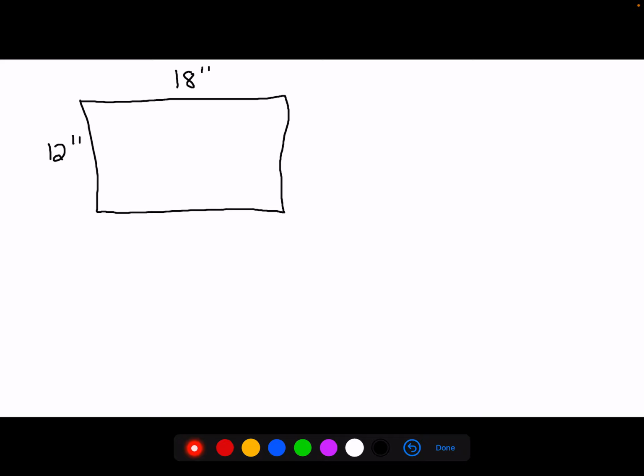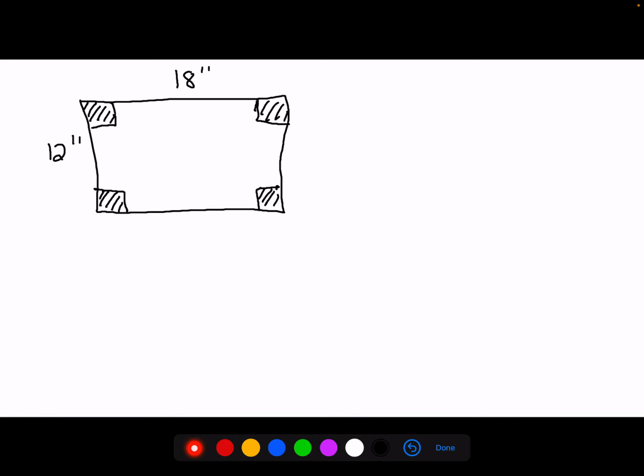But you're going to cut this cardboard so that you can create a box. You're going to cut corners and then fold up the flaps. So for now it's a topless box. So you're going to eliminate these corners so that you have a box.